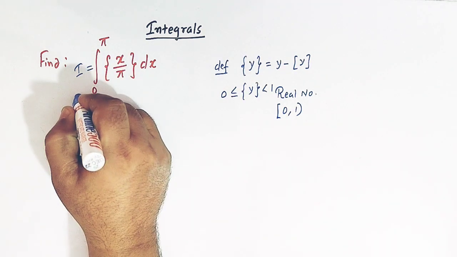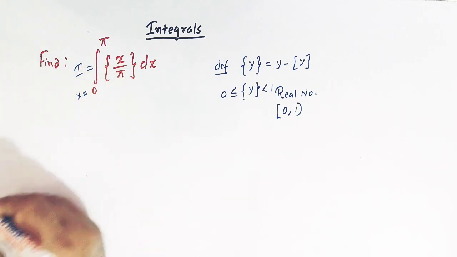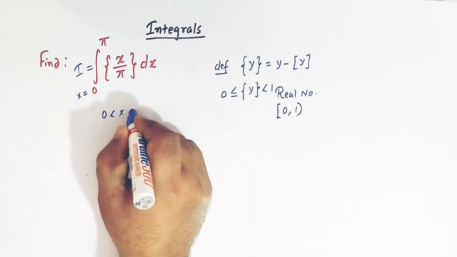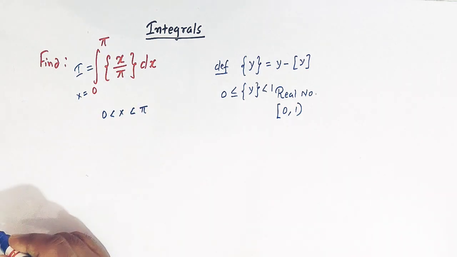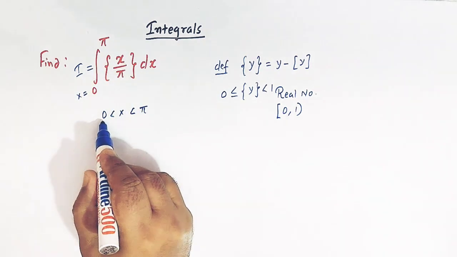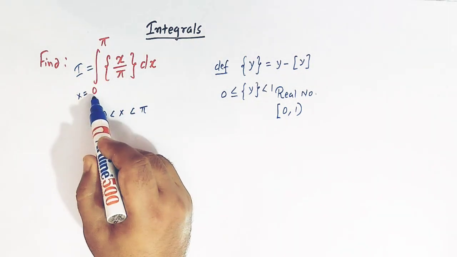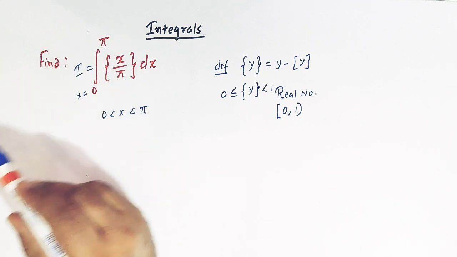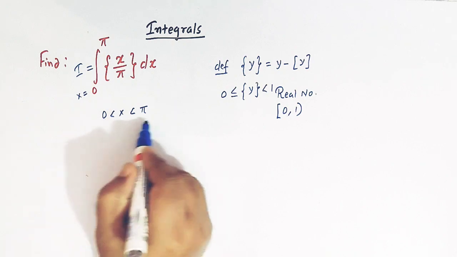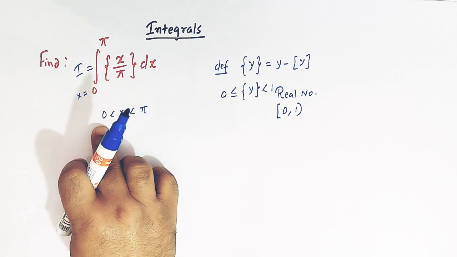Now here the limits of integration vary from 0 to pi. So x lies between 0 and pi, and here we have x over pi. Since the lower limit is 0 and the upper limit is pi, and x lies between 0 and pi, let us divide throughout by pi.